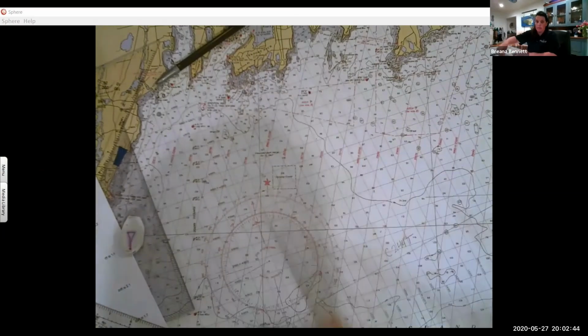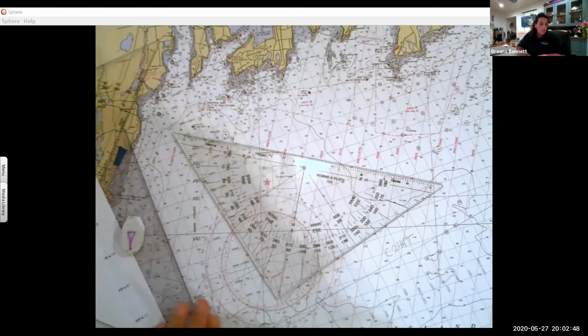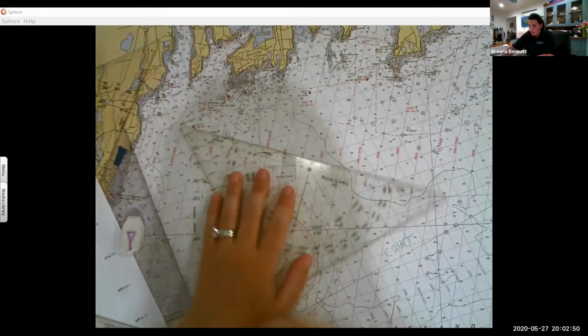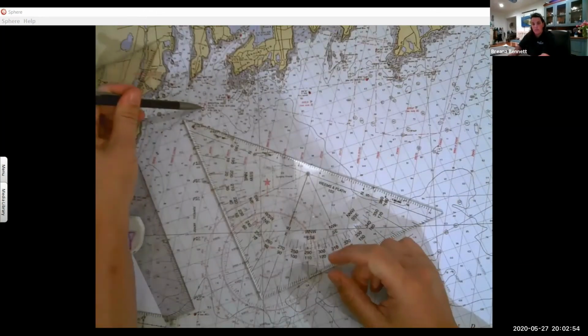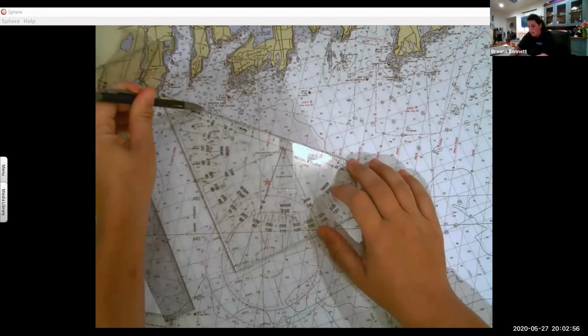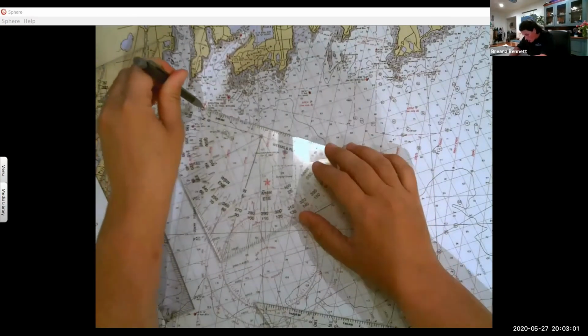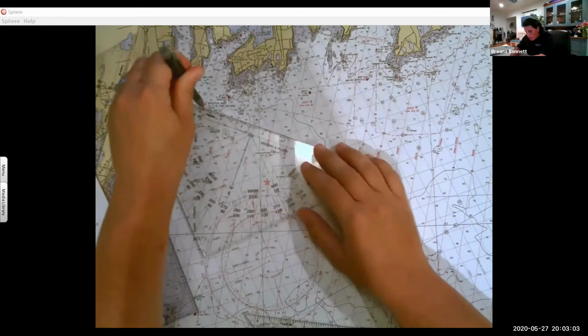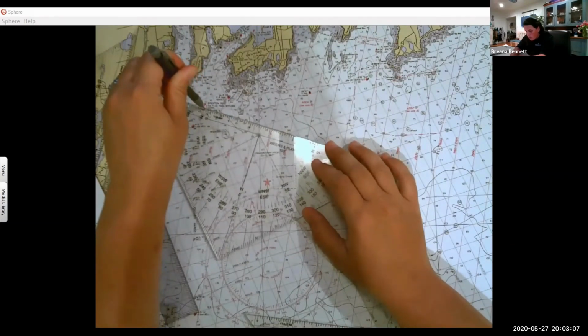This is my better one. So they told us we were on a course of 110 degrees true from Breton Reef Light. So I put my pencil on Breton Reef Light, and then I get 110.